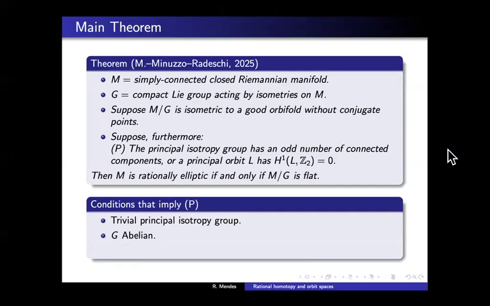If the group that's acting is abelian, that implies that the principal isotropy group is trivial, and therefore you're also in a situation where you can apply this theorem. So it works for any abelian group acting. And of course, if the principal orbits are simply connected, definitely their first cohomology with Z2 coefficients is 0. So that would also imply condition P, and you can also be in that theorem.